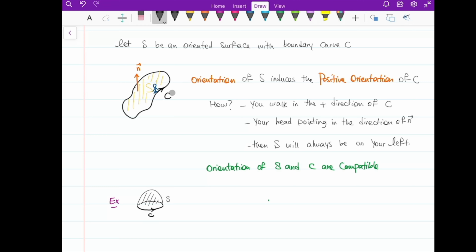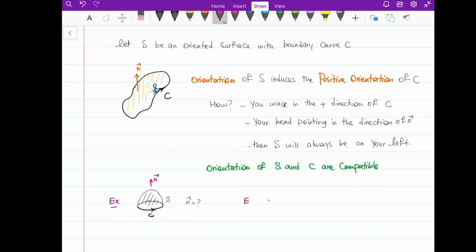What do you think about the direction of S? Which means, where is N? Okay, so if I walk along C, and I want the surface S to be on my left, then my head, which would be in that direction, shows N. So the direction of S would be given when the direction of C is given.